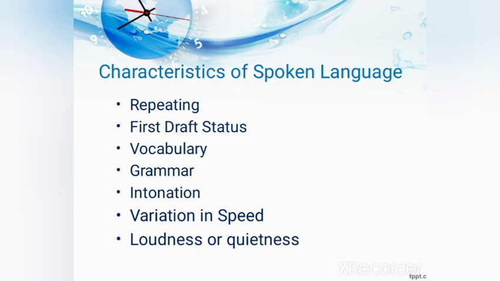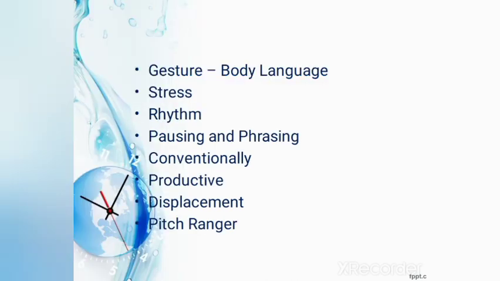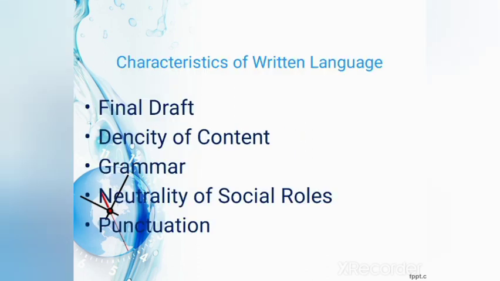The characteristic of spoken language consists of repeating, verb status, vocabulary, grammar, intonation, variation in speed, loudness or quickness, gesture, body language, stress, rhythm, pausing and pressing, conventionally productive, displacement, and pitch range.